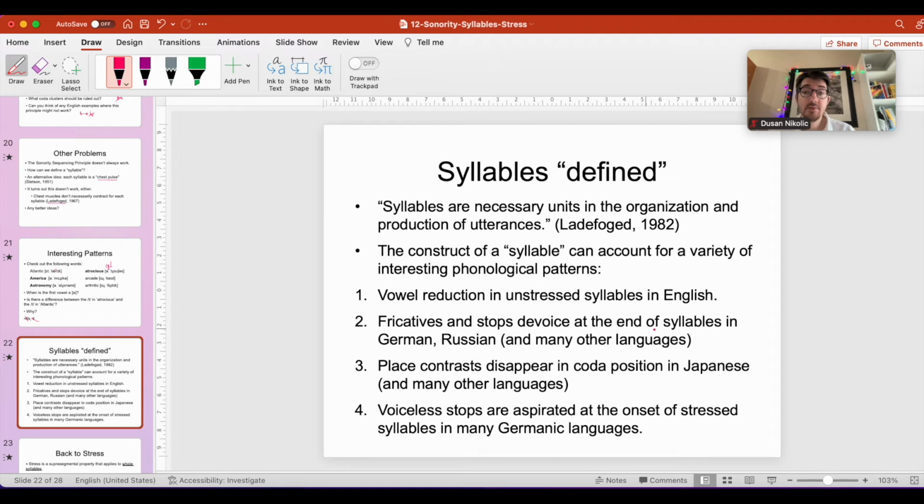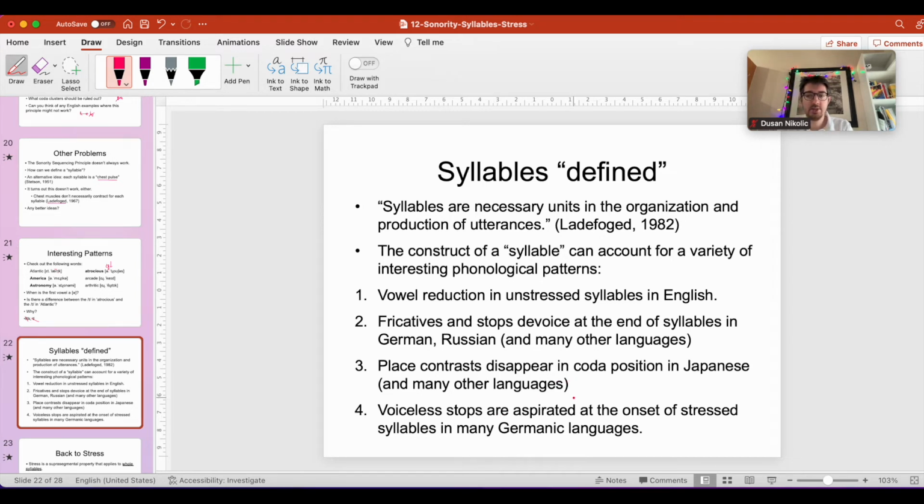Fricatives and stops devoice at the end of syllables in German and Russian, for example. So that's how we decide, okay, this is the end of a syllable, they devoice. The d becomes t. In Rad, they don't say rad, they say rat, right? In German, Rad. Much better. Place contrasts disappear in coda position in Japanese and many other languages. Right, that also happens.